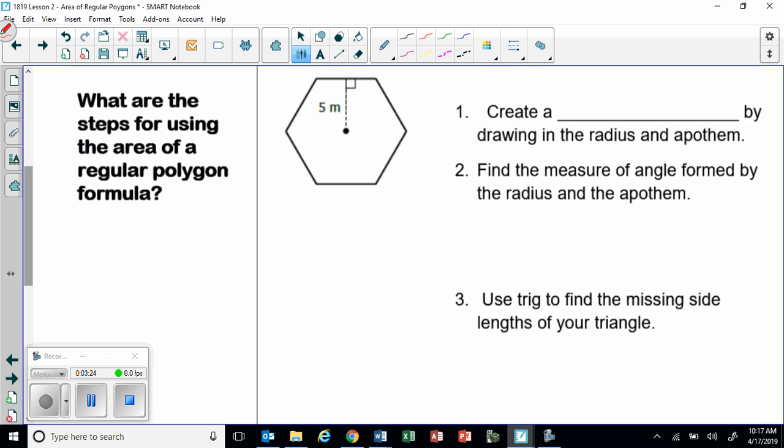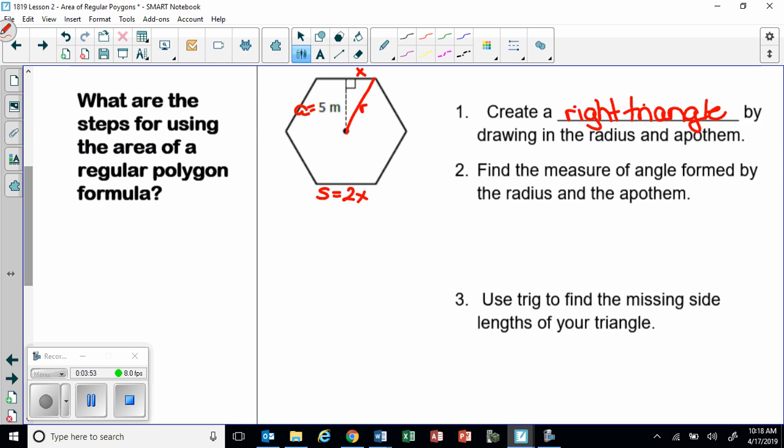Well, I'm going to draw in my radius. This is going to be x. This is my apothem. This is r. My side is 2x. You create a right triangle by drawing in the radius and apothem, which I did.